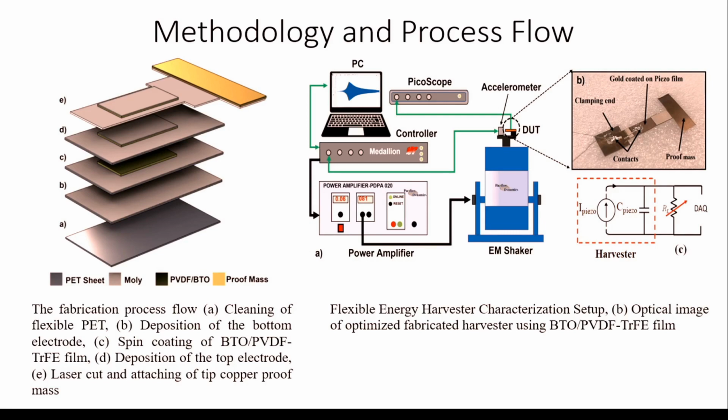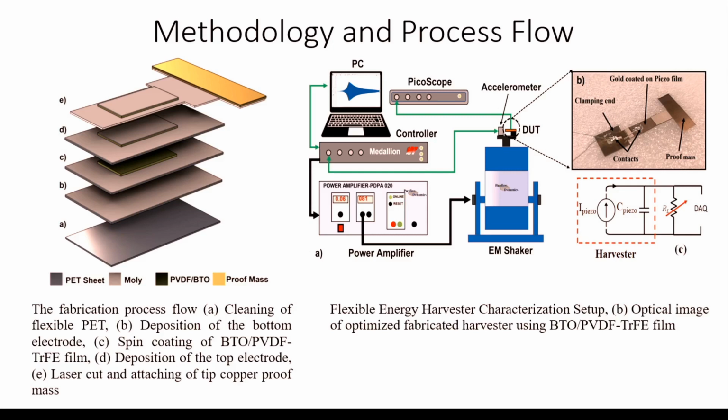For your knowledge, we deposited the bottom electrode using the sputtering system so that adhesion will be good. In case of the top electrode, we use the thermal evaporation system, because we cannot do the deposition in plasma, because it will damage the polymer film. And in the last step, we cut the cantilever structure using the femto laser cut technology.